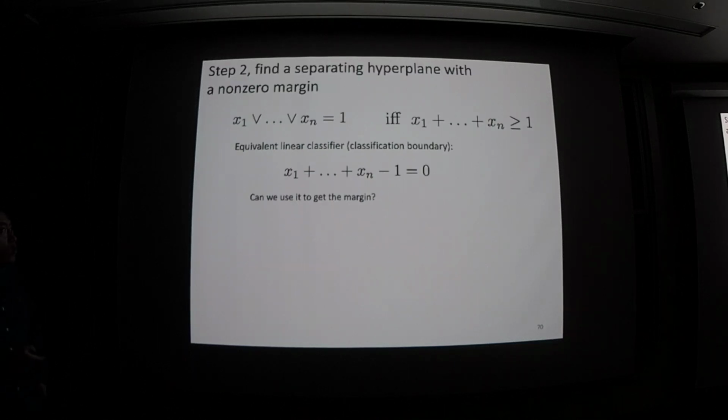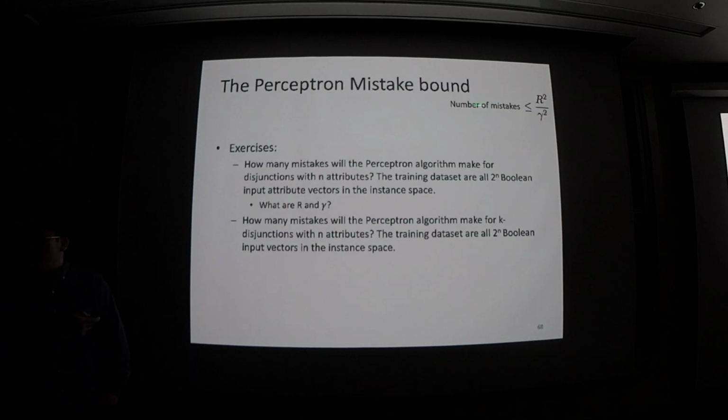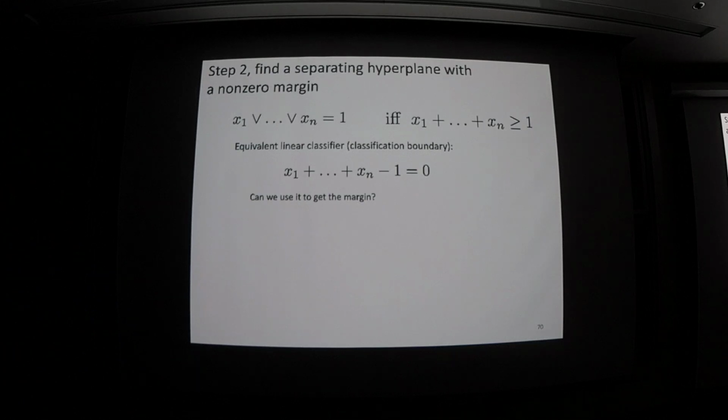Next, we need to find a unit vector separating hyperplane with some non-zero margin gamma. So how can we do that? That refers to how we construct a separating hyperplane for this conjunction. We use the trick we have discussed before. The conjunction is 1 if and only if every variable is 1, so we can express the negation as their summation being less than n.